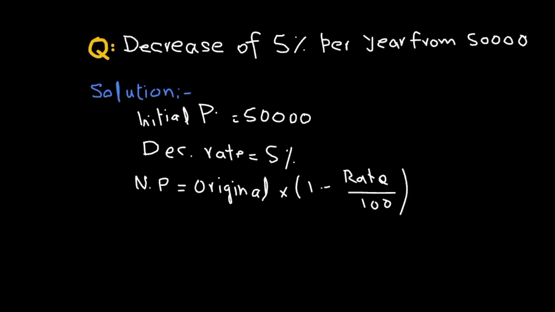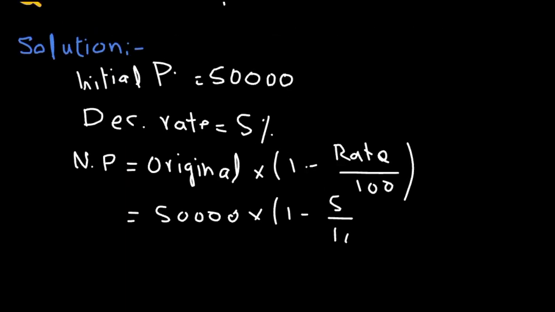So now we put the values in this formula. Original population we have 50,000 multiplied by 1 minus rate, we have 5 over 100.